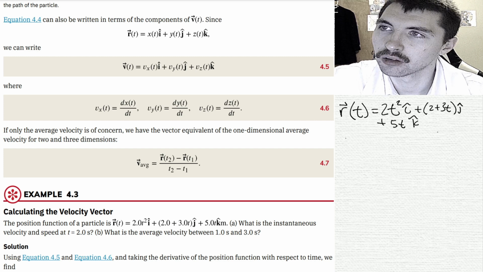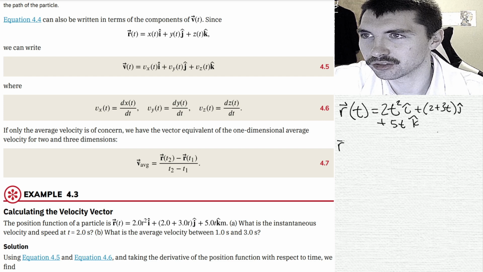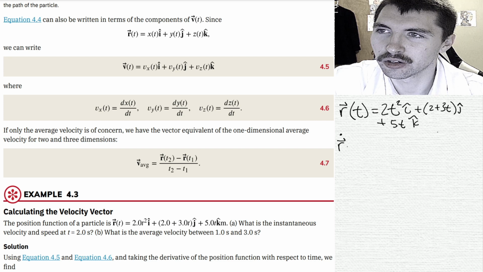Okay. So I'm guessing I could just use Newtonian notation, right? R with the arrow above, and a dot for the first derivative.